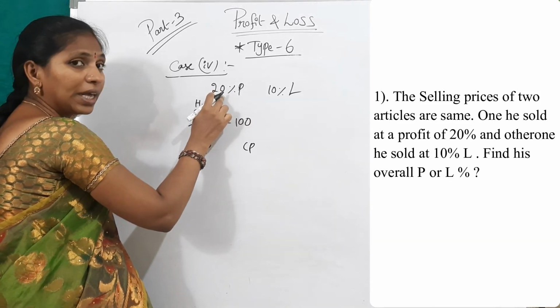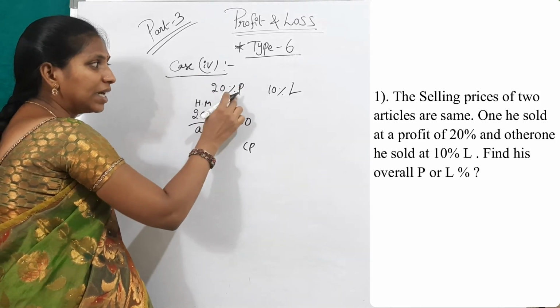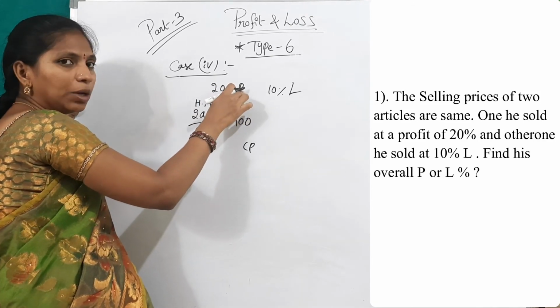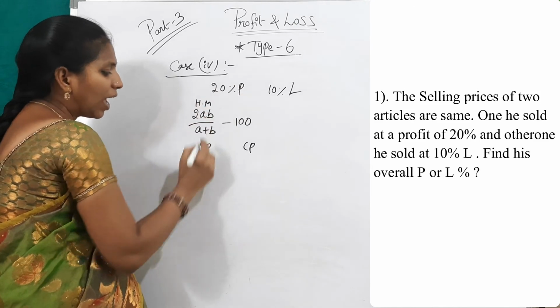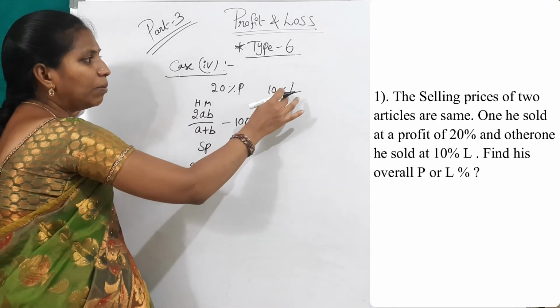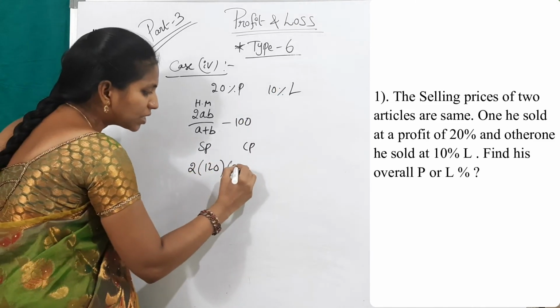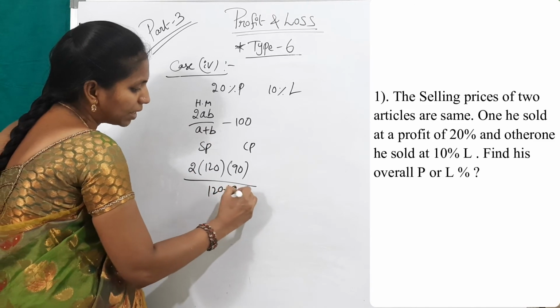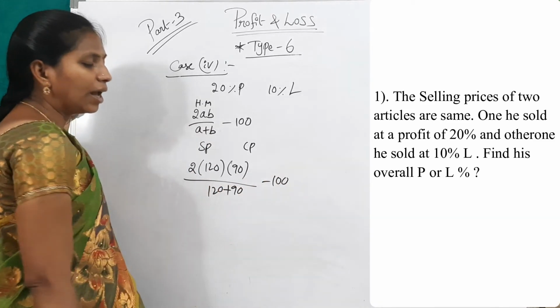Convert these percentages in the form of a value. 20% profit means here the A value is 120, and B means 10% loss, so 90. Here a plus b means 120 plus 90, minus 100.